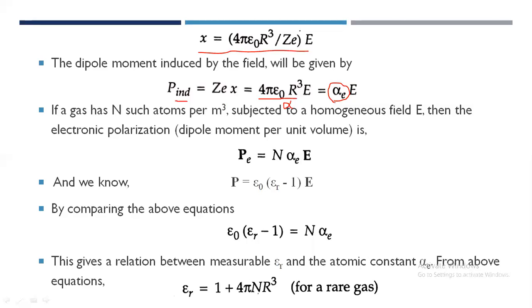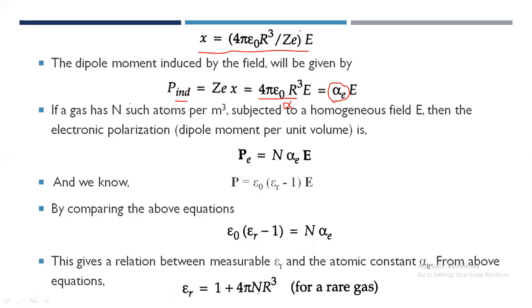Note that alpha E is proportional to R cube, that is capital R raised to 3. That is, you can say alpha is proportional to the volume of the electron cloud.